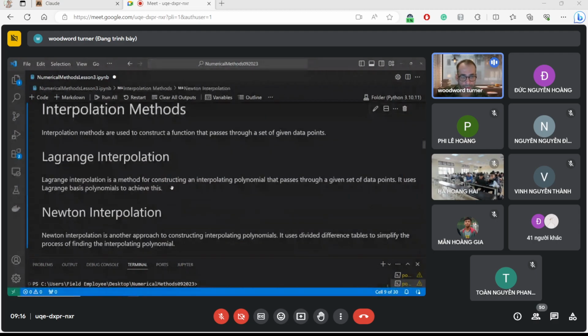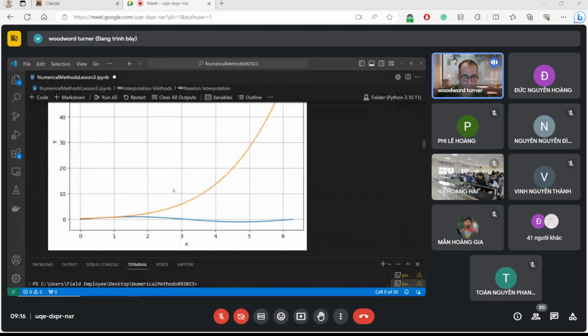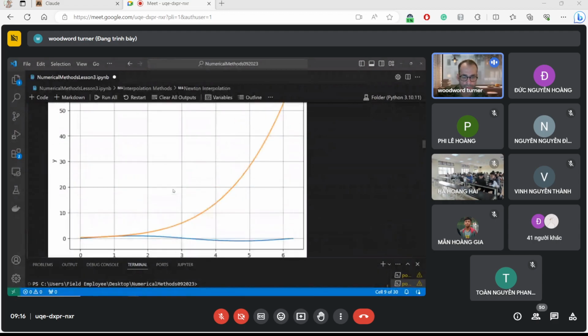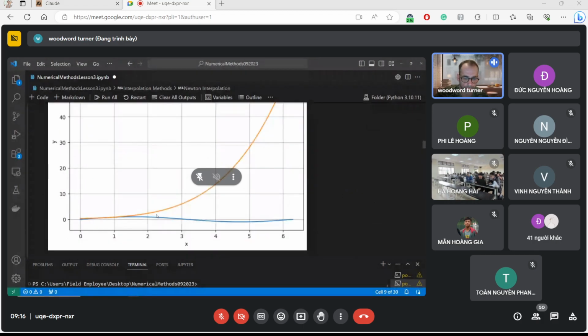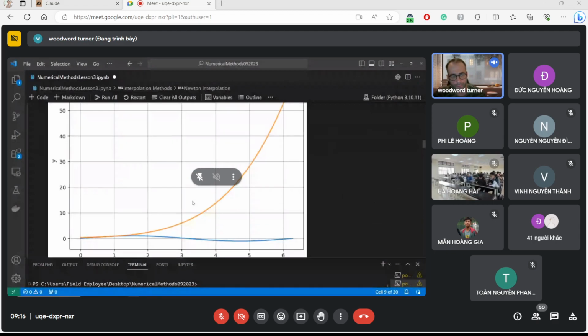All right, and here we have the original function in blue, and then the Taylor series approximation. So what's going on here? Well, this is actually illustrating something that you've learned about before, and that's the radius of convergence. We're in a small neighborhood, and it does really, really well around pi over 4. But as we get outside of that neighborhood or interval, we don't get so good of an approximation.